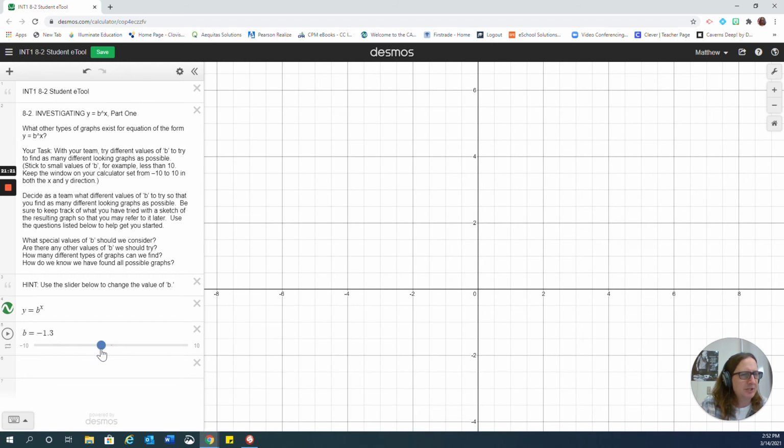And that's because our graph is not continuous anymore when we go negative. You have to think of it like this. If I have, let's say, -2, and I take that to the x power.